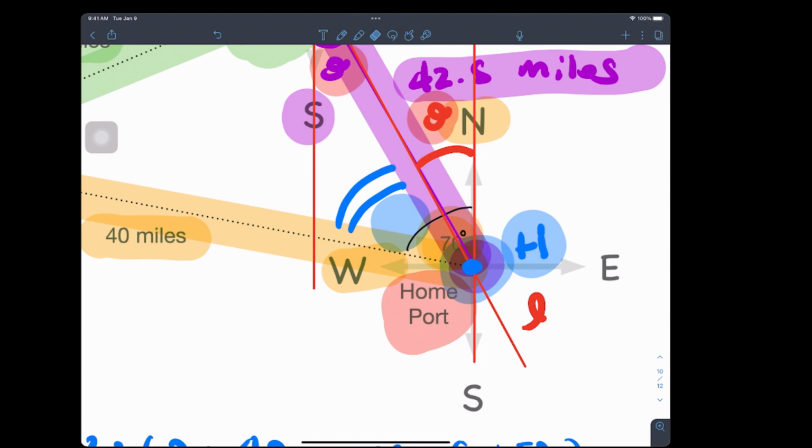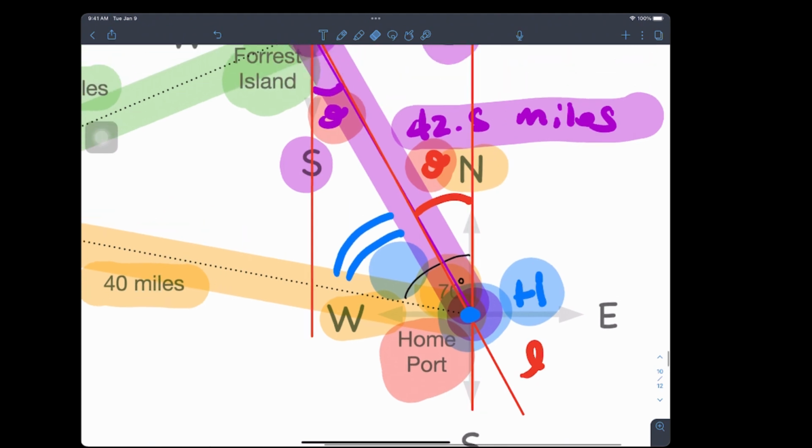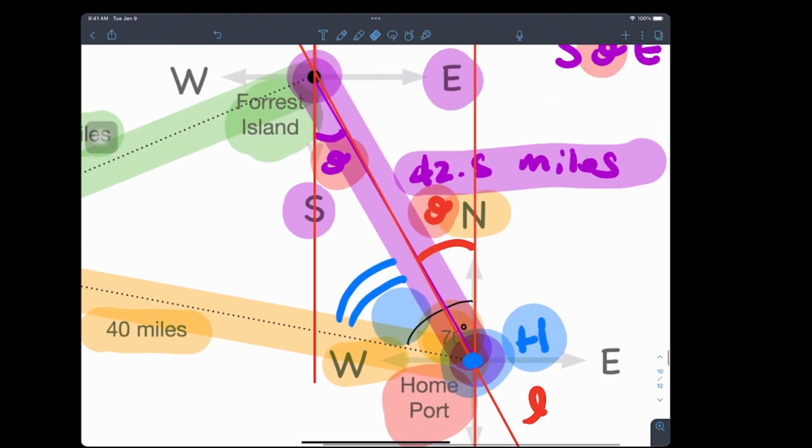So h plus theta should be 70. Is that true? Do you guys see that there? We're looking at this. H plus this angle theta should be that 70 degrees.